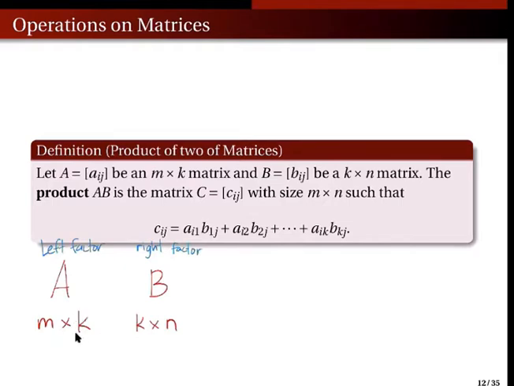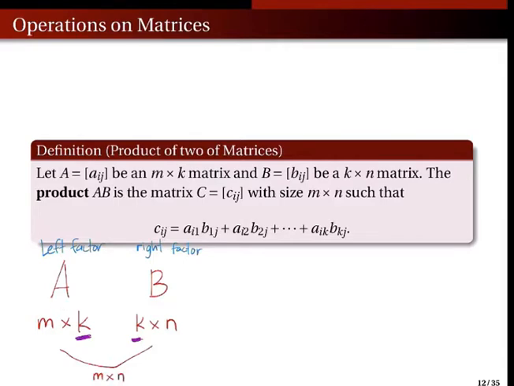It's not always interchangeable. So if you multiply AB, the K here and the K here must be side by side. So if you multiply them, the size will be M by N. That's the first.